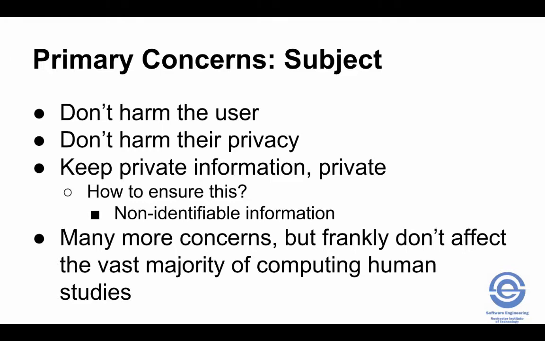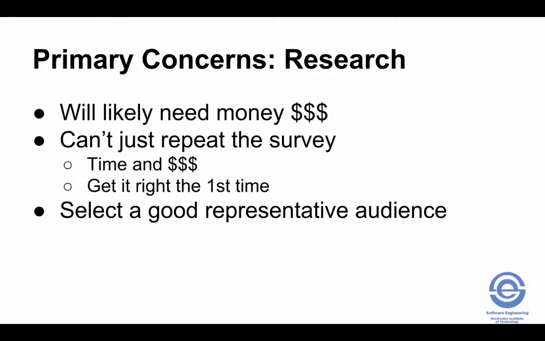That's considered to be non-identifiable information. It's one way to ensure privacy or anonymous feedback, because even if somebody gains access to the data, they'll never be able to figure out that some people respond in that way. And there are many more concerns, but frankly, they generally don't affect the vast majority of human studies.